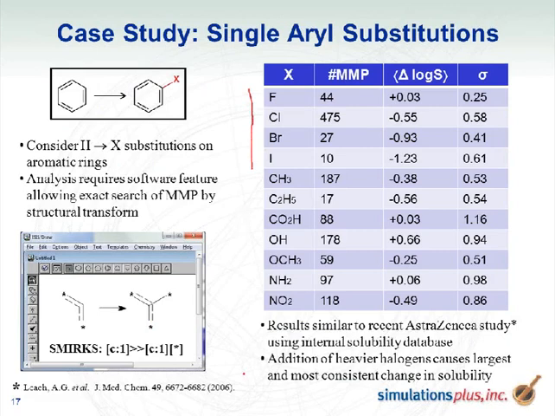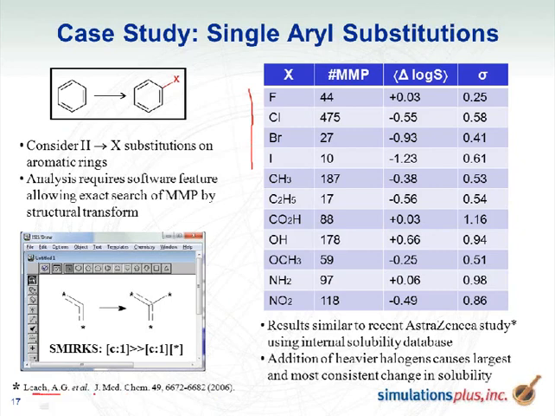Most specifically, the addition of heavier halogens causes a large and consistent change in solubility. As you increase the molecular weight of the halogen, you decrease the solubility in a fairly straightforward manner.